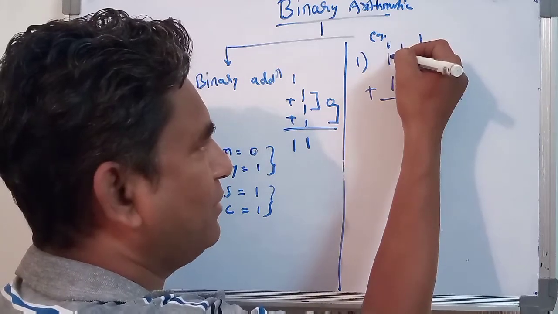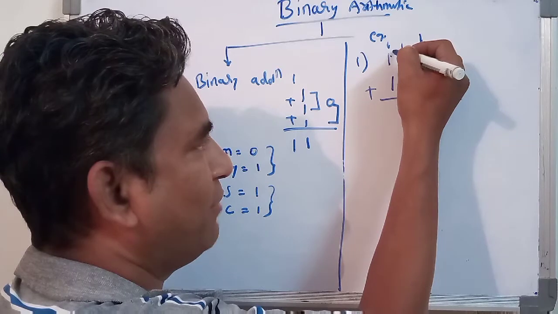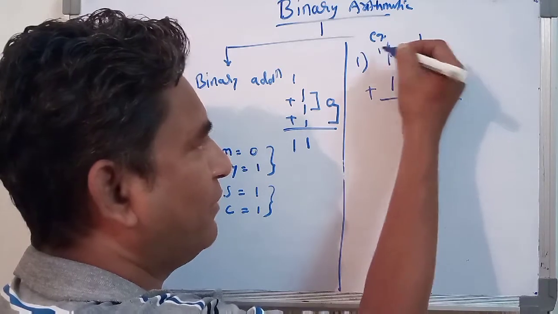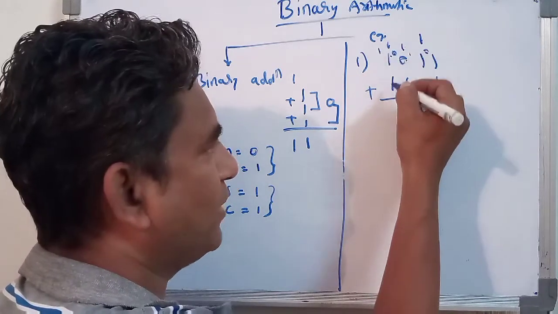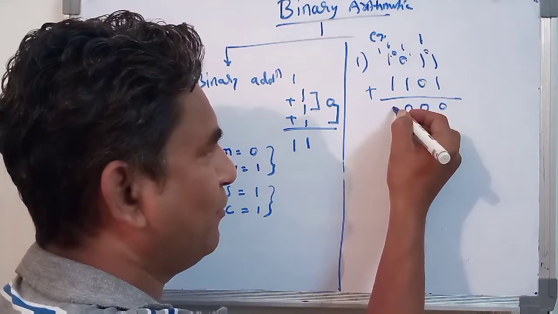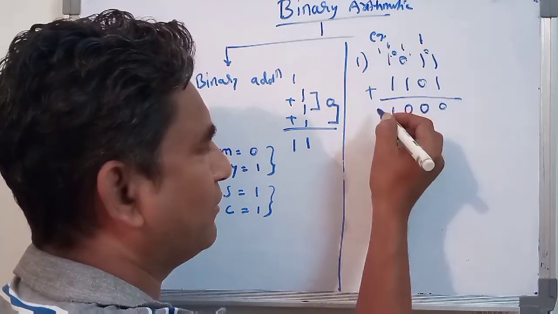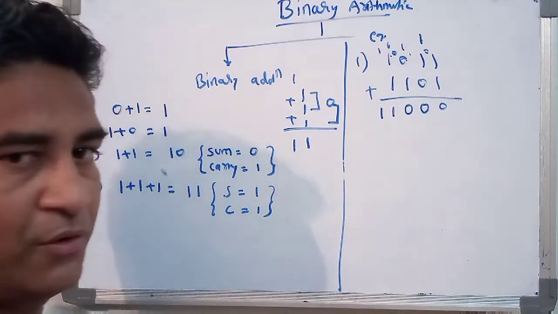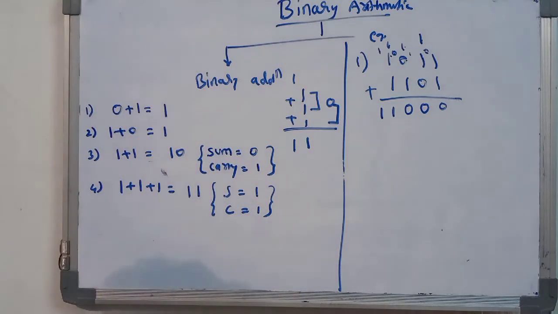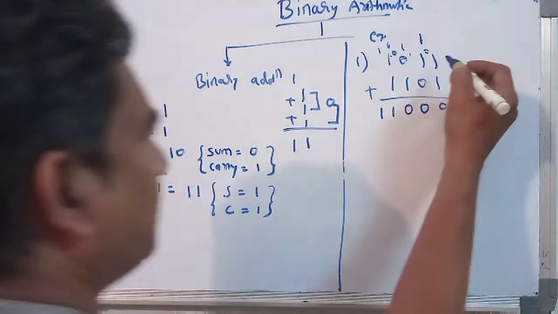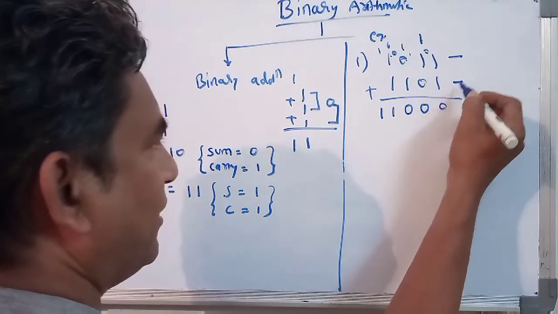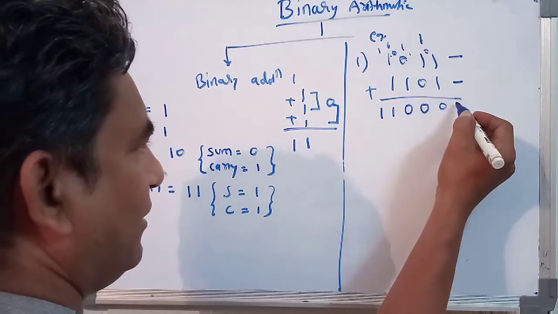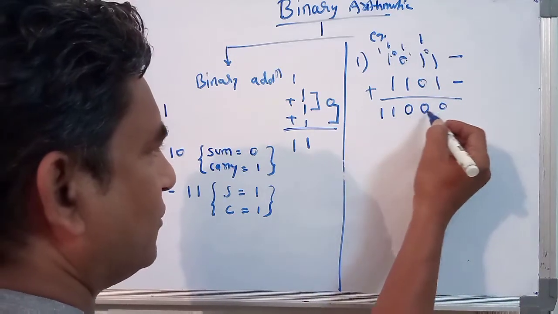So 1 plus 1, again you will be getting 0, and 1 will be carried. This 0 plus 1, you will be getting 1, and this 1 that you carried has to be written like this. In this way you will be getting the answer of this first bit number and second bit number, and the value will be 11000.